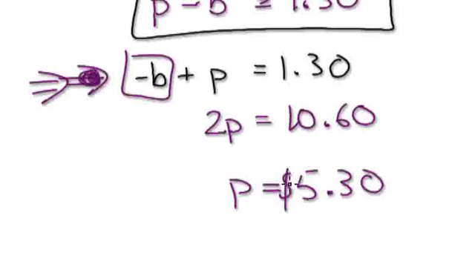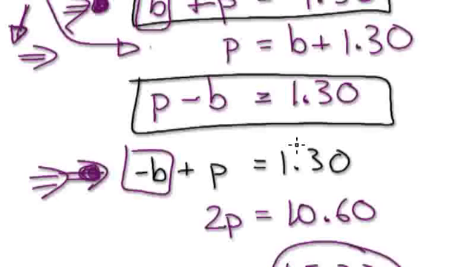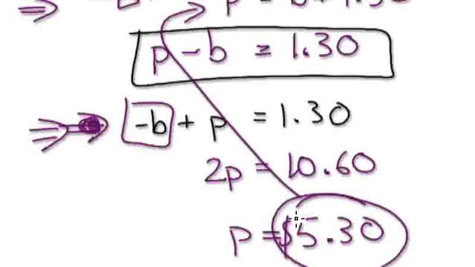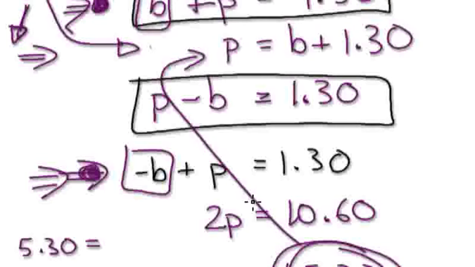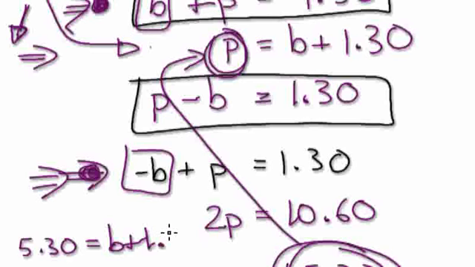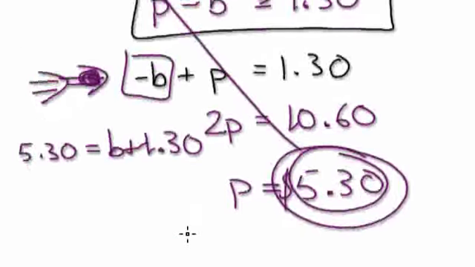Now that we've got the price of the pen, let's stick it into the easiest one, any one really. We know P now, so let's put P into this thing here. Remember, P is 5.30. So we can write 5.30 equals B plus 1.30, stuffing the 5.30 into this P. Now to work out B, take away $1.30 from each side.